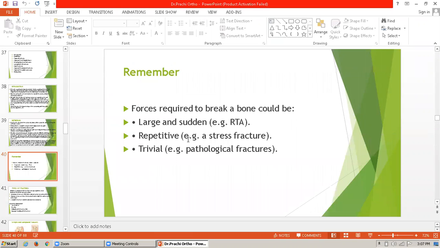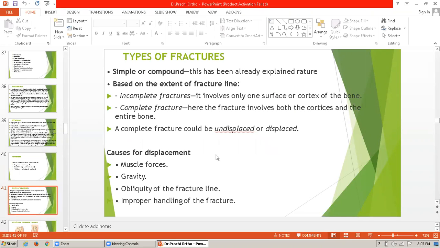Remember, forces required to break a bone could be large and sudden, for example in an RTA, that is road traffic accident; repetitive, for example a stress fracture; or trivial, for example a pathological fracture. We learned the types of fracture: simple or compound, and based on the extent of the fracture line, incomplete and complete fracture.